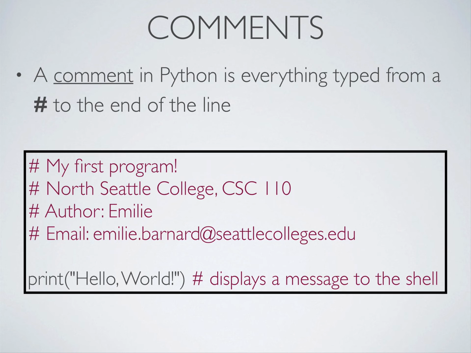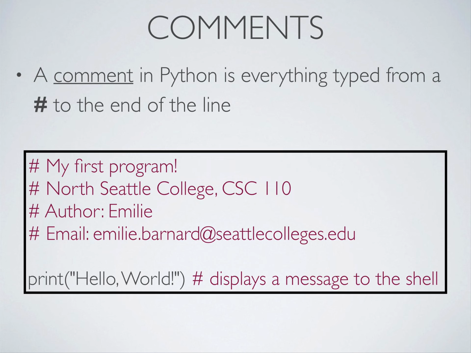In Python, the way you say, hey Python, I'm writing a comment, is you type this pound symbol or the hashtag symbol, depending on what generation you're in. Once you type it, everything else on the rest of that line is going to be a comment. In this example right here, the first 4 lines are all comments.